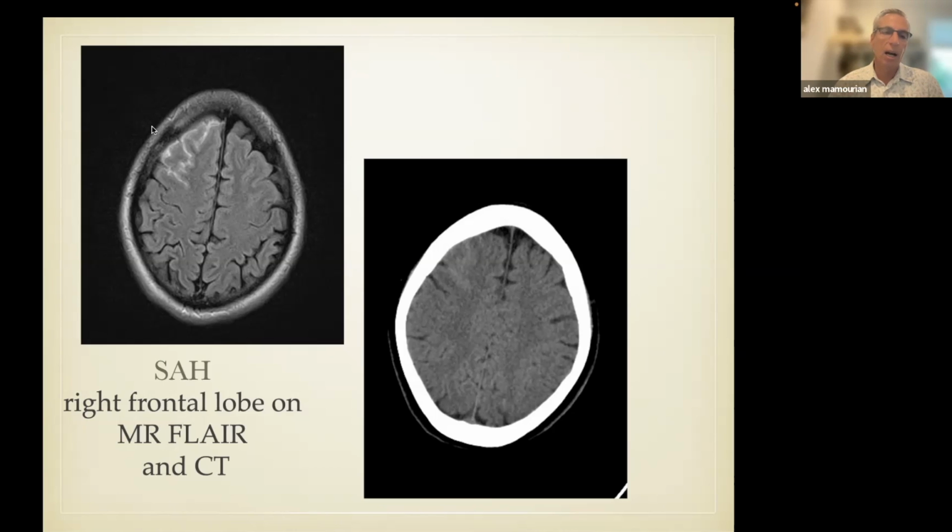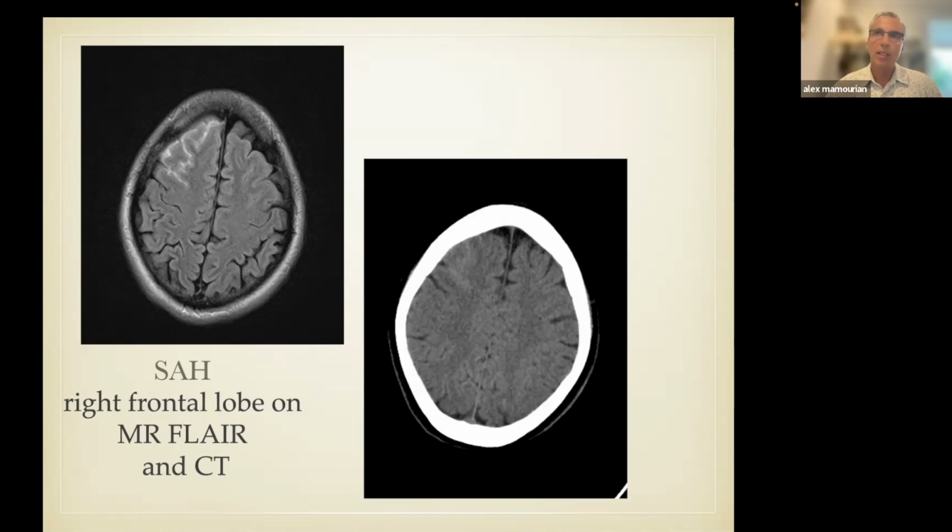Now, again, conspicuity is much higher on the FLAIR scan, but strictly speaking, this CT scan is abnormal. But will it be read as abnormal in every case? Probably not. So this is the problem with detection of CSF. It's all sort of in the eye of the beholder. But I think you have to be very conscientious to detect subarachnoid hemorrhage.